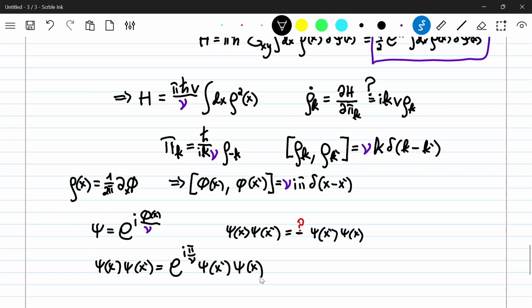That's what I get just explicitly from the algebra of substituting this expression.